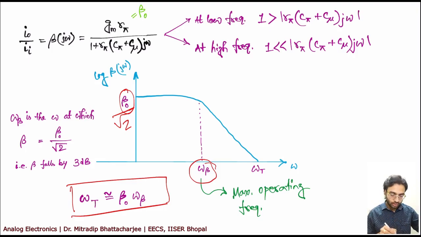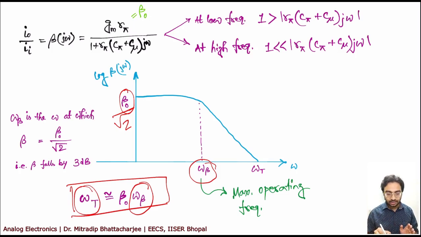So if you know your omega t value, you will get to know your omega beta, and both the terms are very important because omega beta will give you the maximum operating frequency, which means up to this frequency your gain will be more or less constant. After that it will start falling.